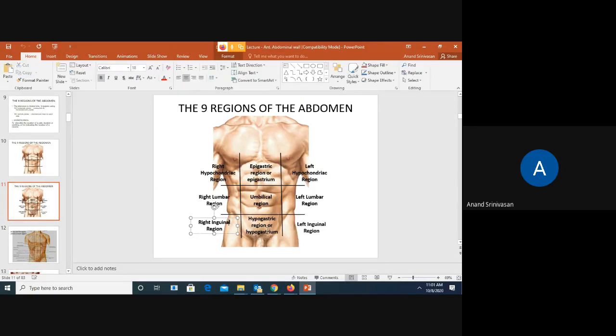So you can just make a mention of it here. It is also called as iliac region, the right and left inguinal, because it is located above the iliac bone.